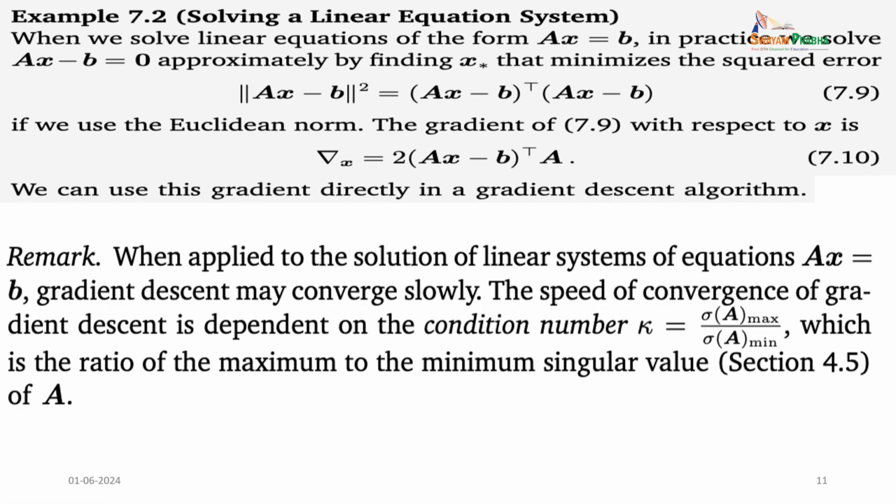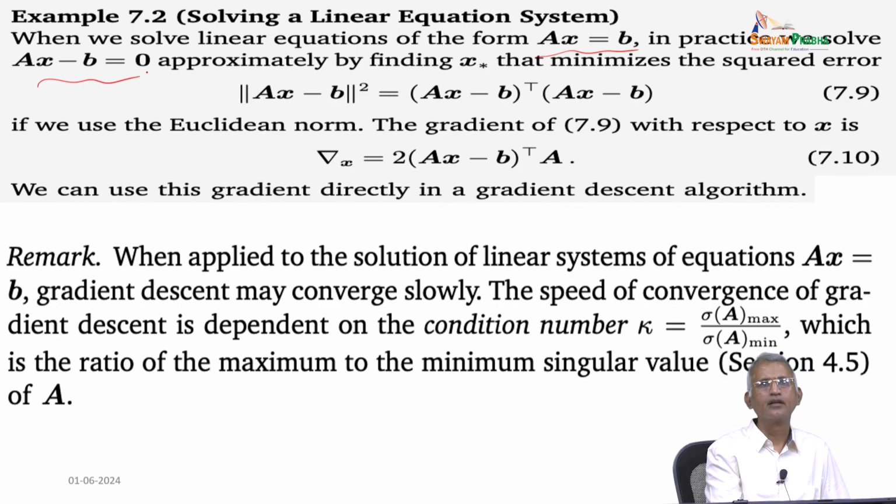Now, we have an example solving a linear equation system. When we solve the linear equation of the form Ax equal to b in practice, we can write it as Ax minus b equal to 0 approximately. So, finding x that minimizes the squared error: norm of Ax minus b squared is equal to (Ax minus b) whole transpose times (Ax minus b).